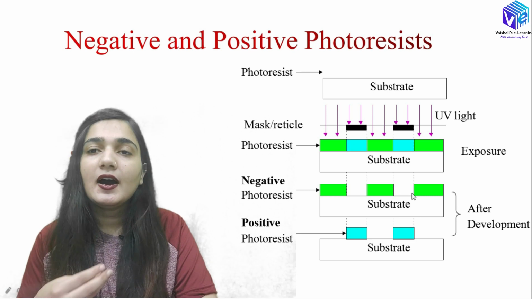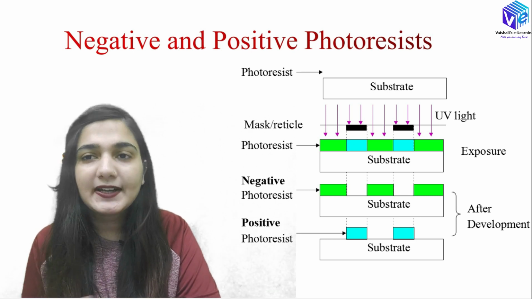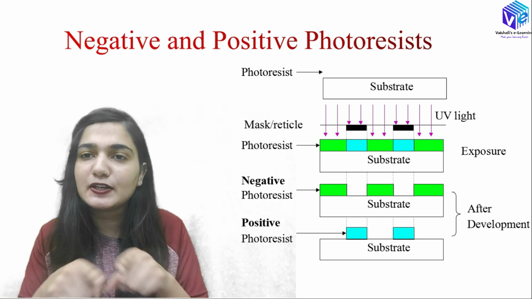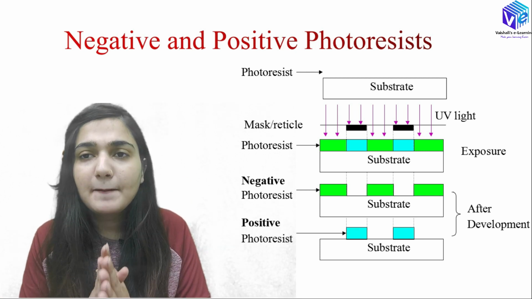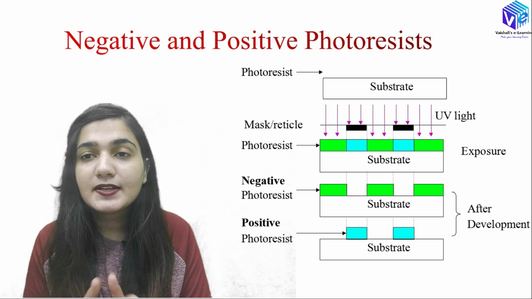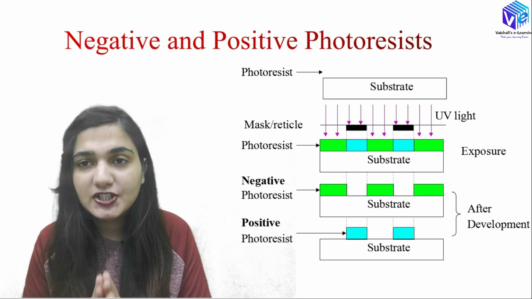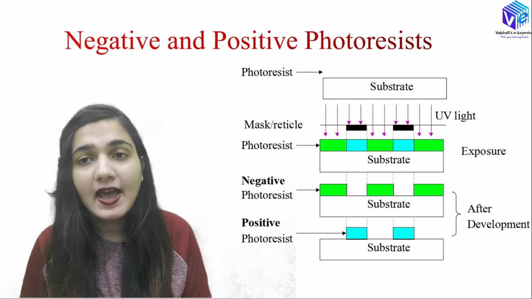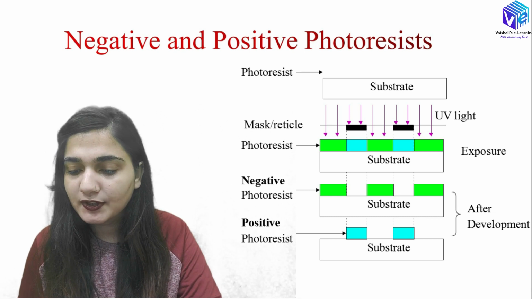If I want an N-type doped region in the P-type substrate, I will make the mask on that particular region only. If I make the mask on that region, what would happen? The mask will stop the light from reaching the photoresist, so the photoresist will not get hardened and we can easily remove it.